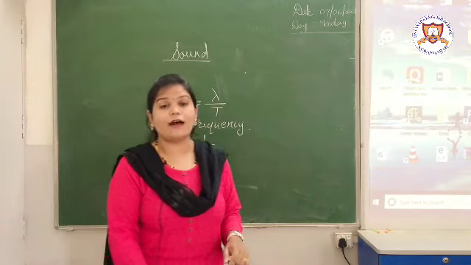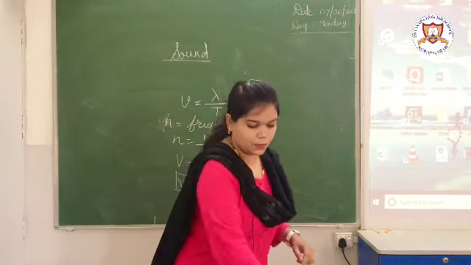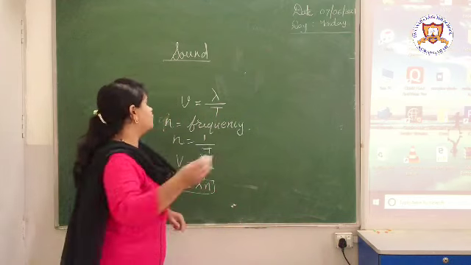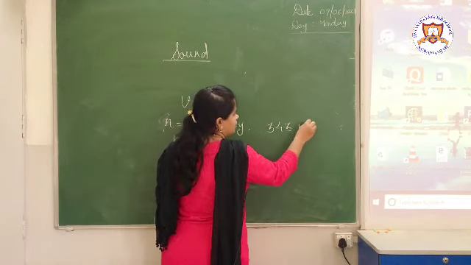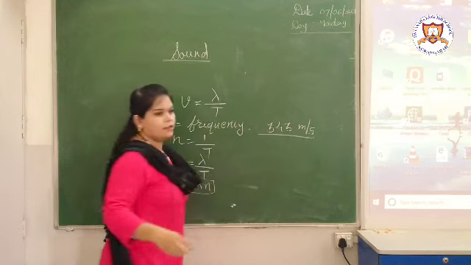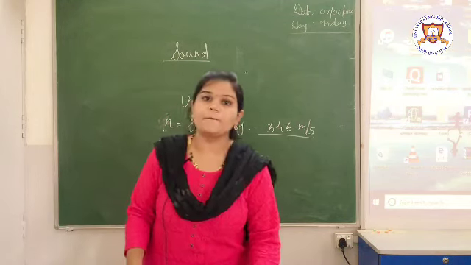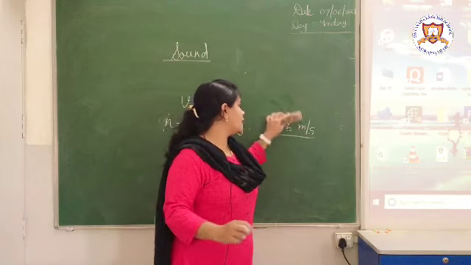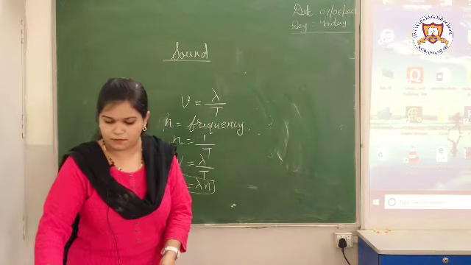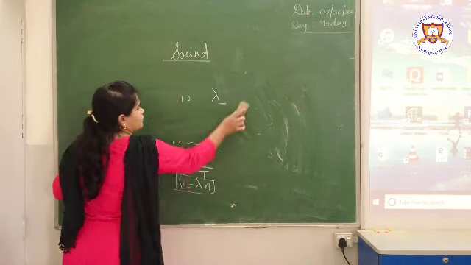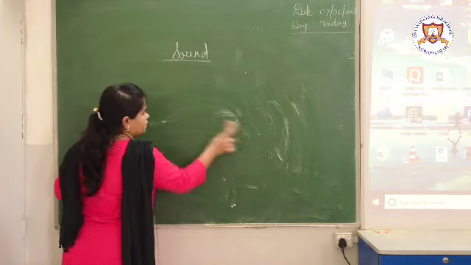Now, what exactly is the value of the speed of sound in air? The value of the speed of sound in air is 343 meters per second. By this speed, it can travel in the gaseous medium.